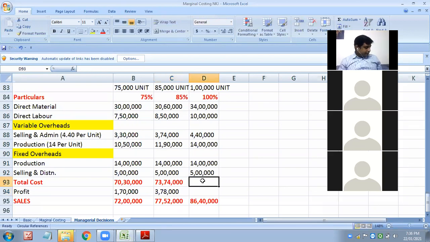Last one. 81 lakh 40,000. The profit is 5 lakh.